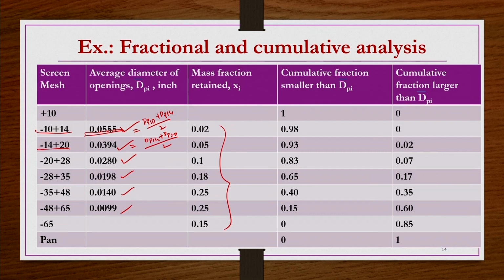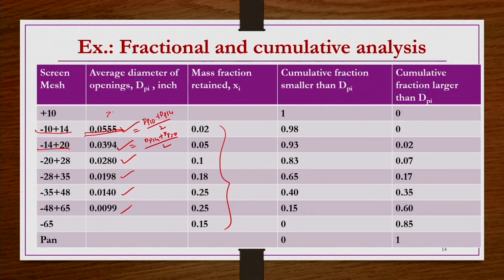So, now cumulative fraction smaller than dpi bar, here see the average diameters are given. So, we do in a kind of dpi bars, but they should in general be done with respect to dp, okay.